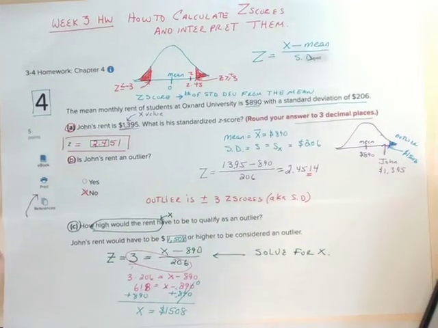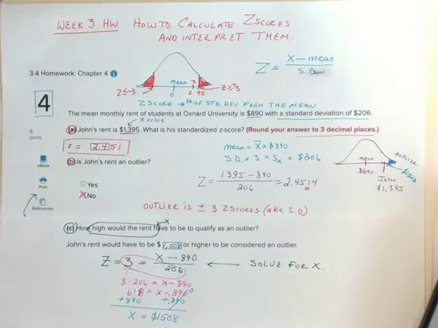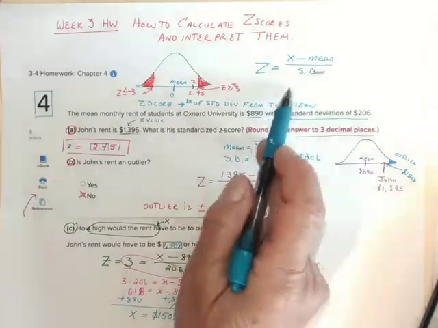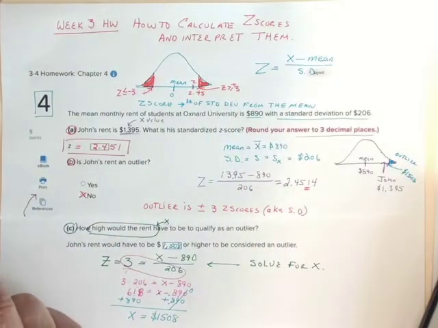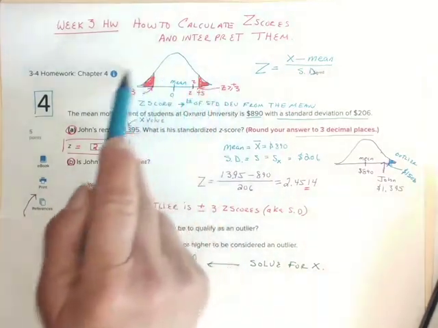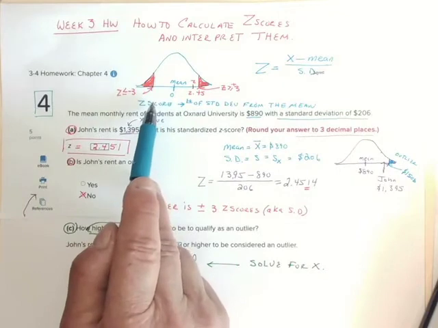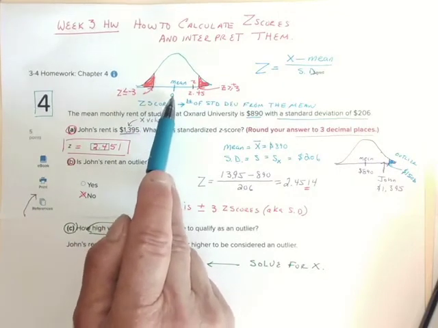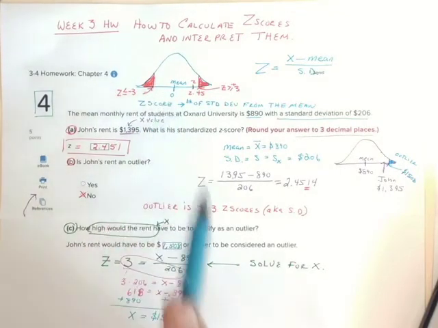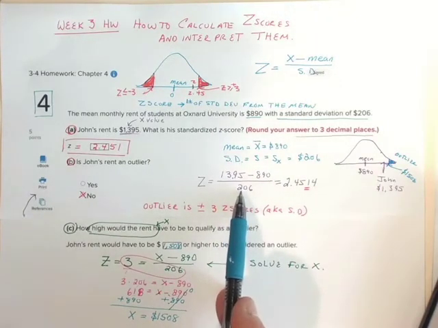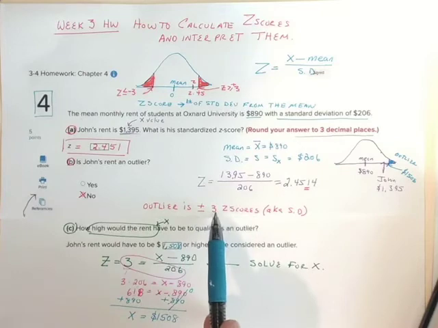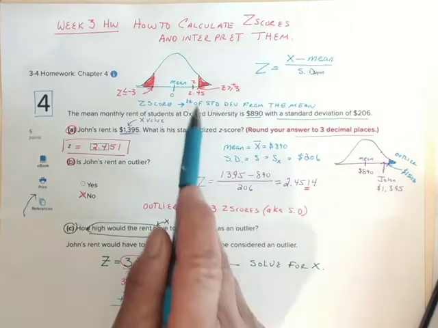Okay, so I hope this has helped you understand how to calculate z-scores. What a z-score means. It's how far you are from the mean. And to identify that it's an outlier, it has to be more than 3 standard deviations from the mean.